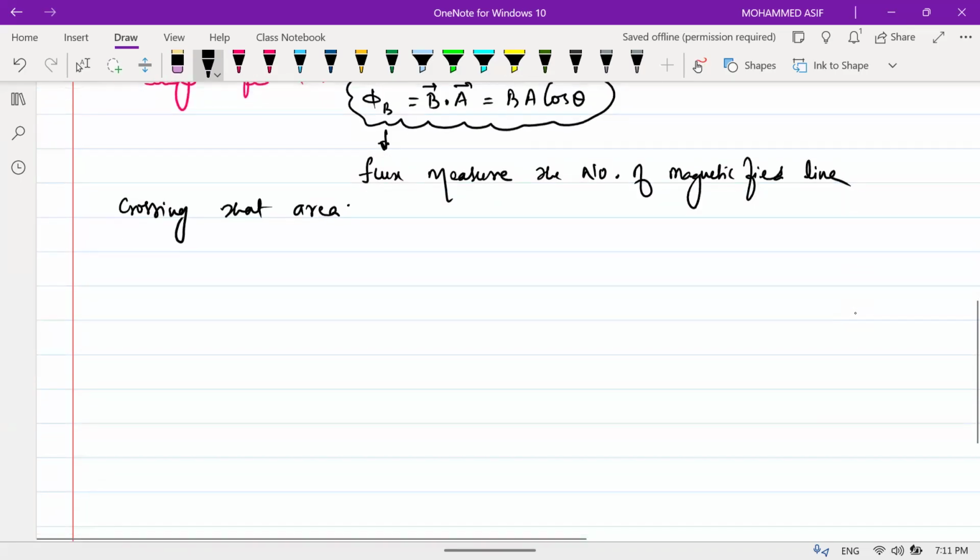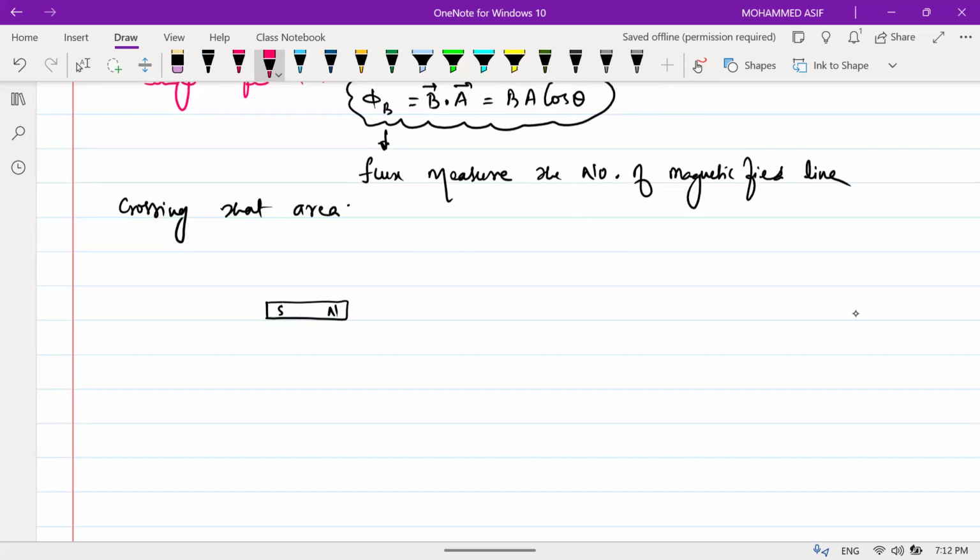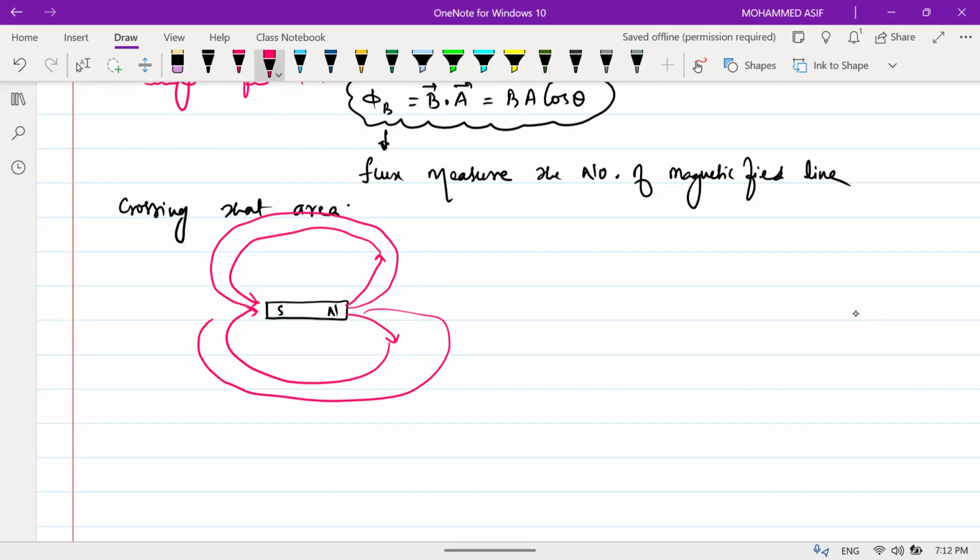Okay? Say for example, this is a magnet, south pole and north pole. You know that the magnetic lines of the field will start from which pole, beta? North pole, like this. And this will take a turn and come back and enter into the south pole. So like this, it will produce the magnetic field.